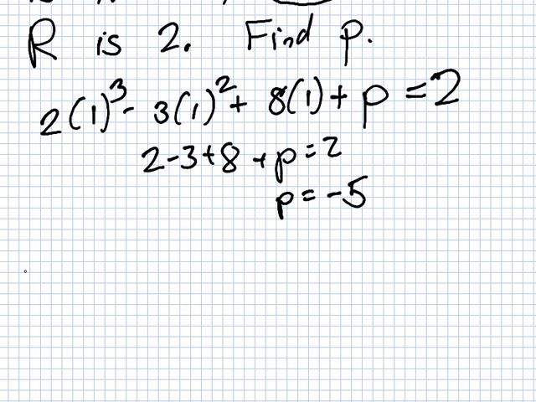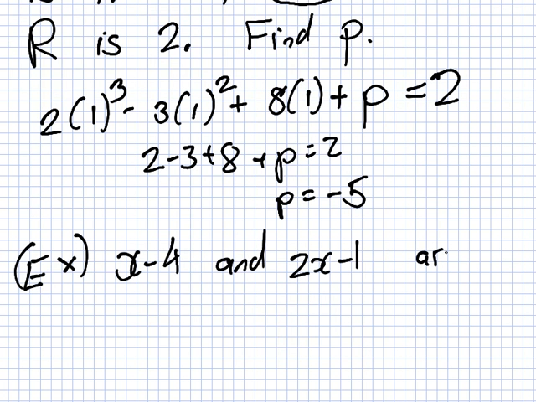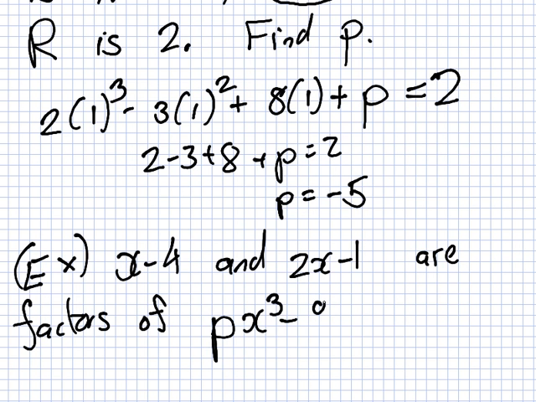So, next example. We'll say x minus 4 and 2x minus 1 are factors of px cubed minus 9x squared plus 4x plus q.